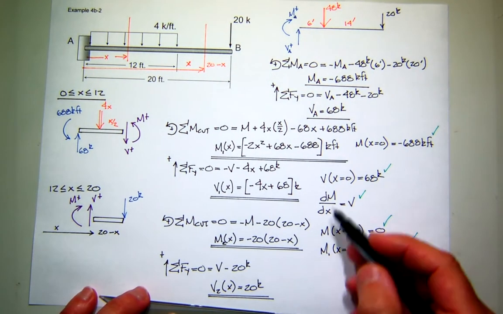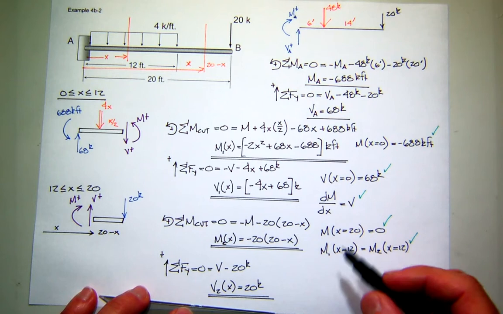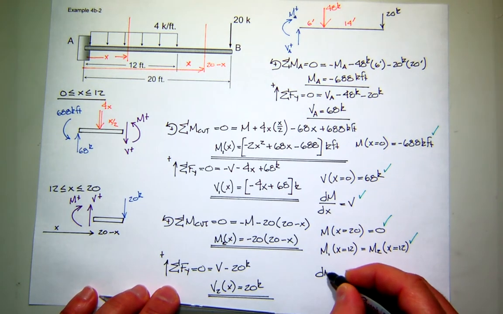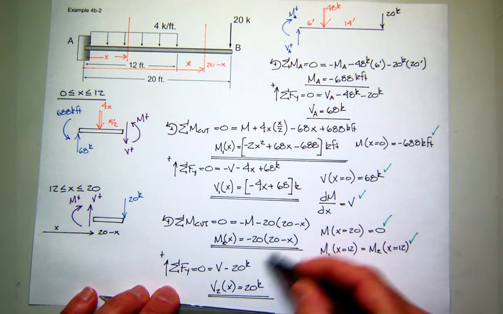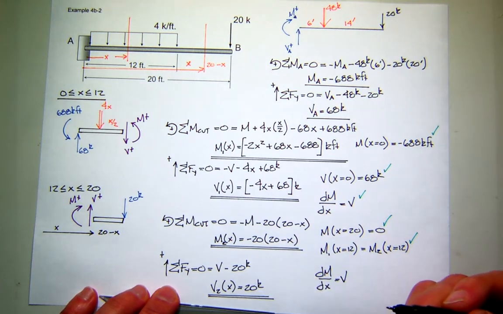One more thing I can do is look at the shear. Oh, by the way, does the derivative of the moment with respect to X equal the shear for the second set of equations? The answer is yes.